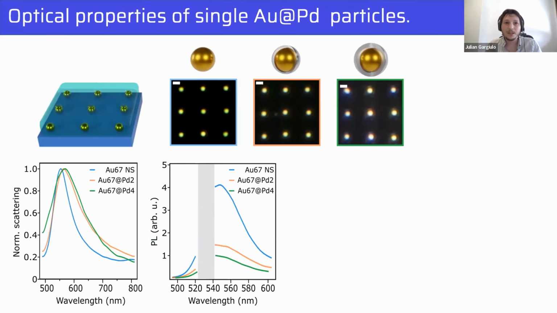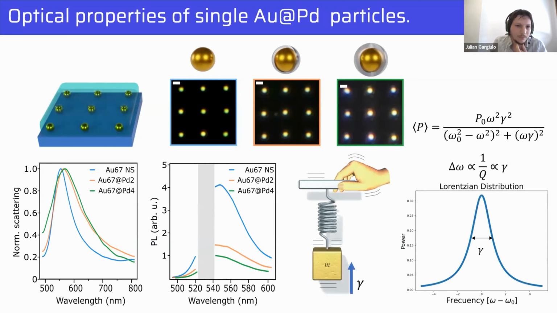We measured the optical properties of these particles at the single particle level. Here, for example, I am showing the photoluminescent emission of these three systems, and what we can see is that for the core-shells, the spectrum is broader, and also the emission quantum yield of photoluminescence is lower.